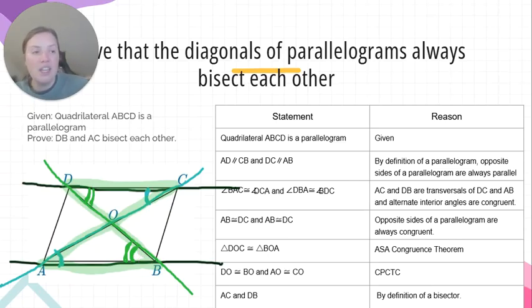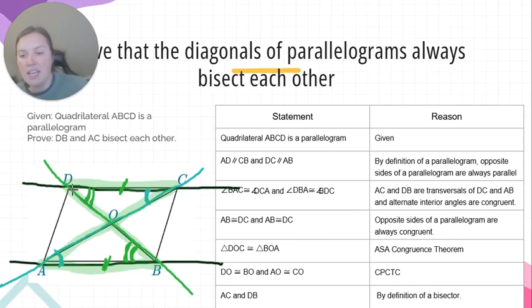And there is something, right, in the definition of, well, not in the definition of a parallelogram, but something that we proved before using the definition of a parallelogram, and that is that opposite sides are congruent.